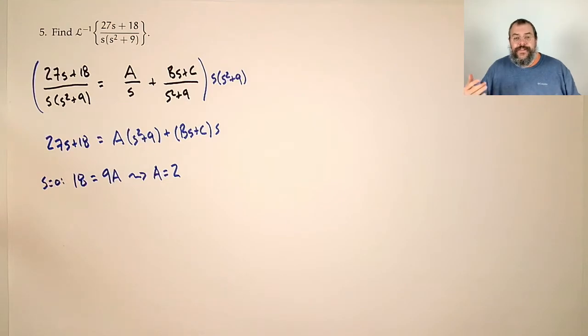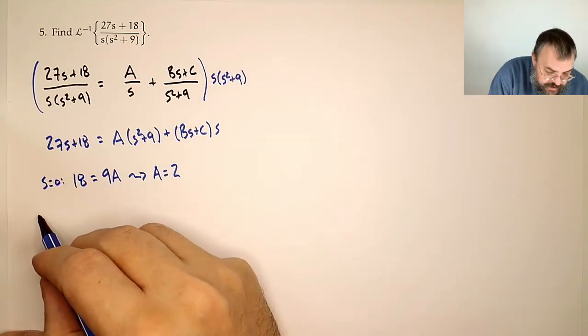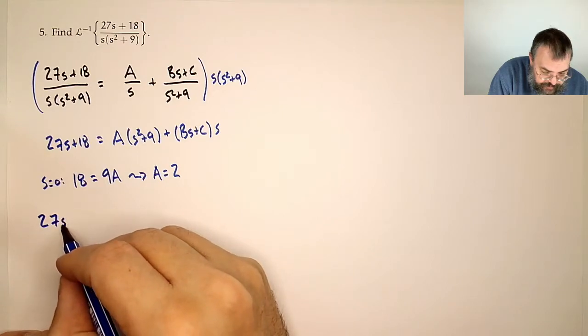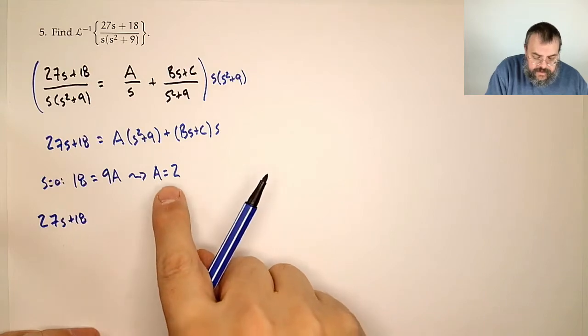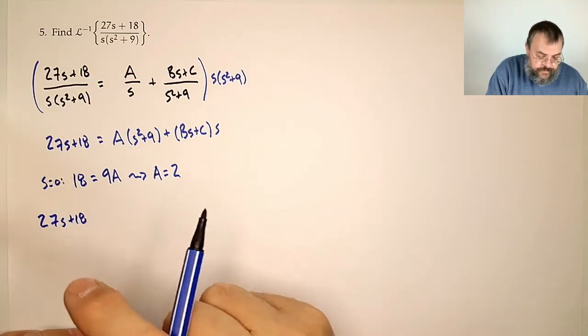All right, so now progress has been made. We know what A is. There's not really any other good values that knock out a lot of terms. So in that case, let's switch gears. We're allowed to switch gears. The way we switch gears is we take this right-hand side and expand it, using the fact that we know A equals 2.